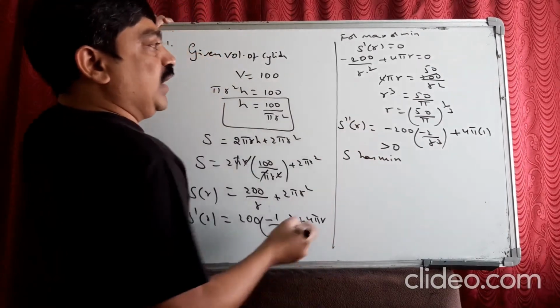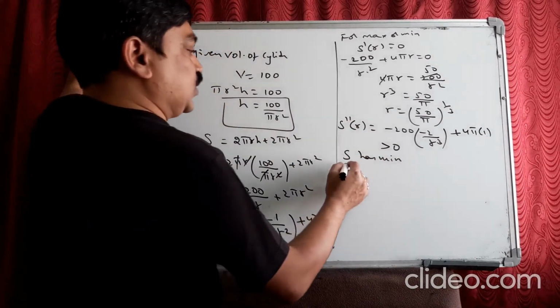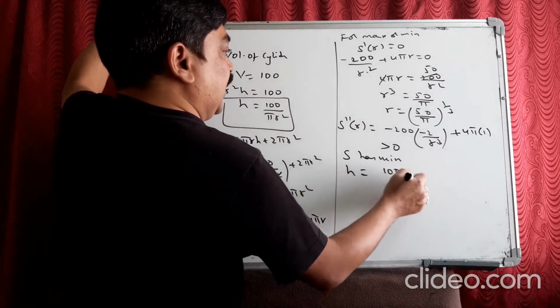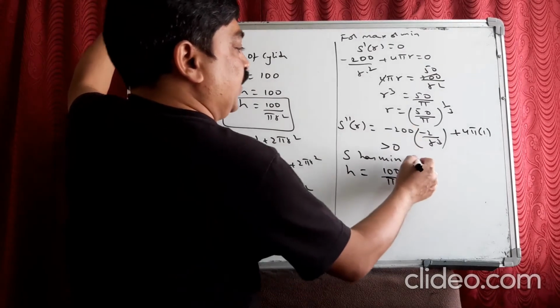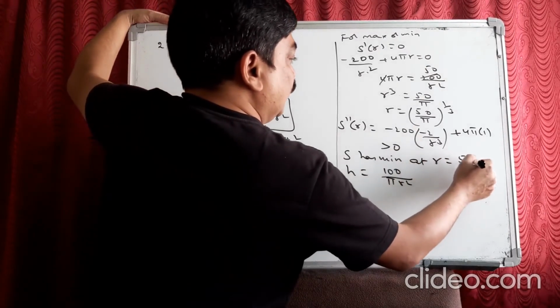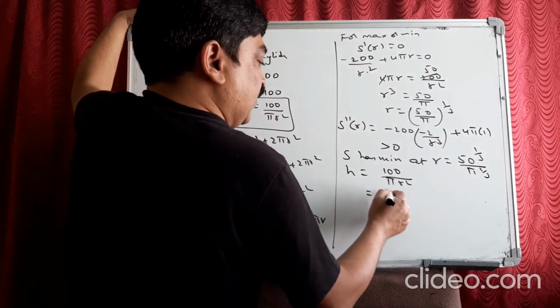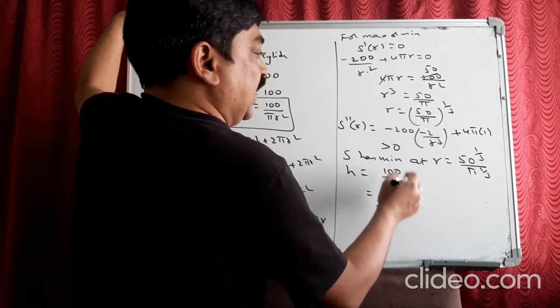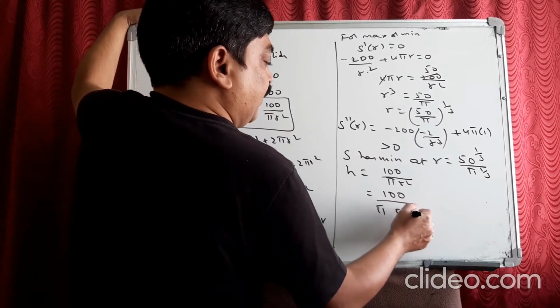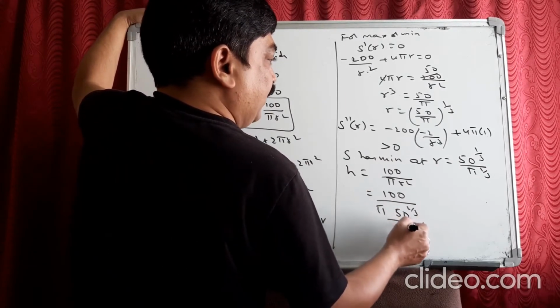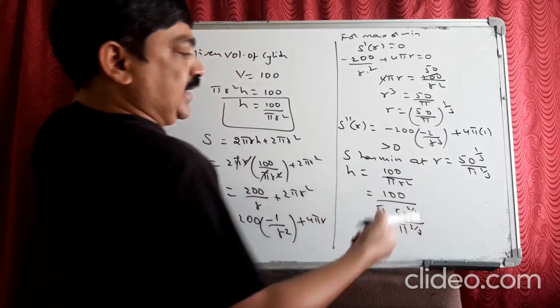So when you have the r value, let us find out the value of h also. h is 100 by pi r square, with the minimum at r equal to 50 power 1 by 3 by pi power 1 by 3. Now I substitute here: pi r square is 50 power 2 by 3 by pi power 2 by 3, because r square.